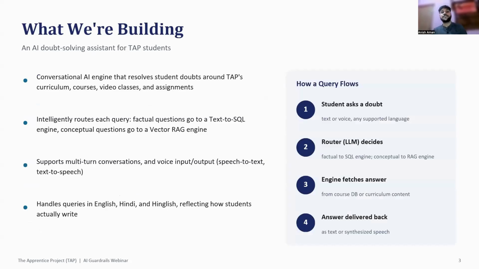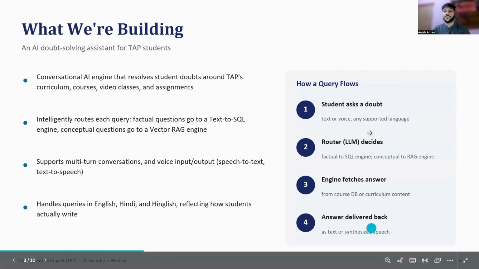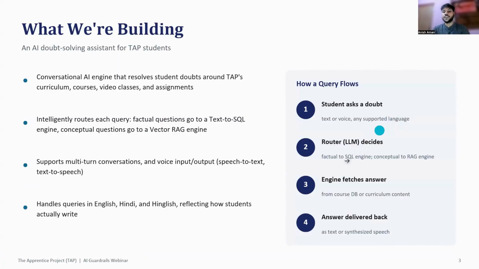In Tab, to give context on what we are building, we are building an AI engine that resolves student doubts. The doubts revolve around Tab's curriculum, their courses, video lessons, and the Tab's assignments. So how does the query flow in our chatbot? A student asks a doubt, then there is a brain which decides which engine to choose.